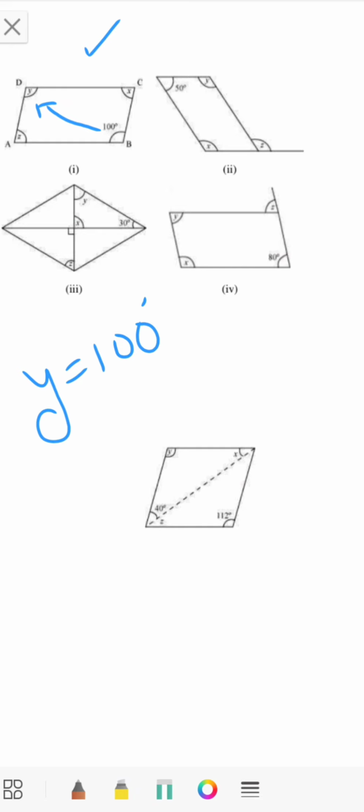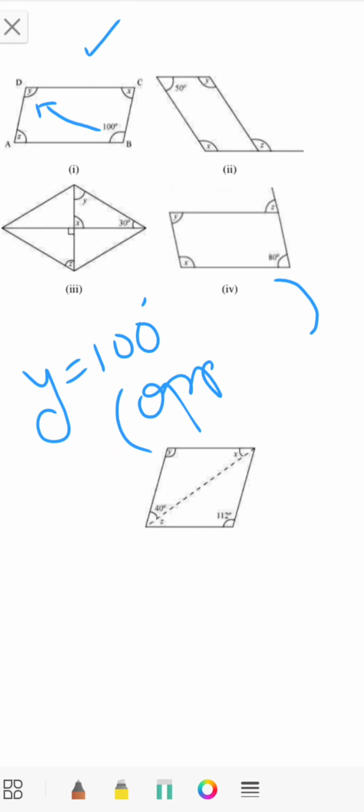If you write only this in the exam, you will get half a mark. You must mention the reason. The reason is that it is an opposite angle, so due to opposite angles, this is 100 degrees.